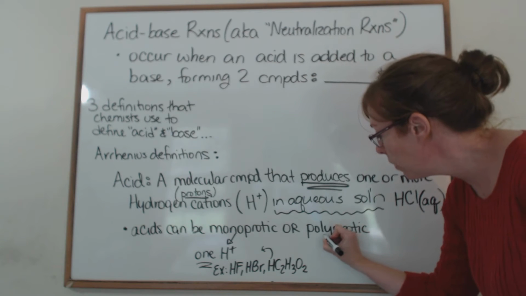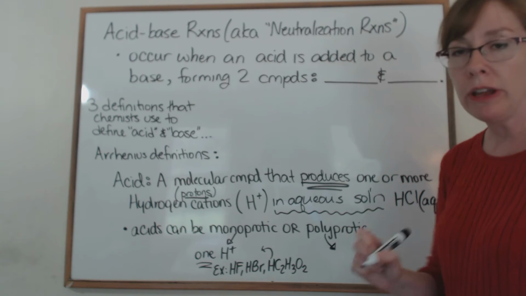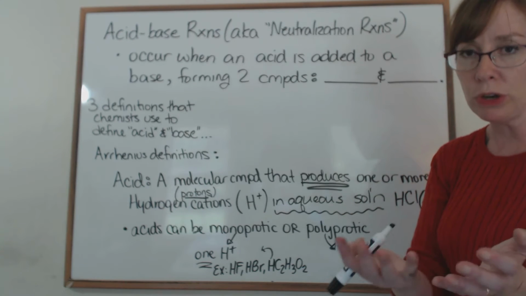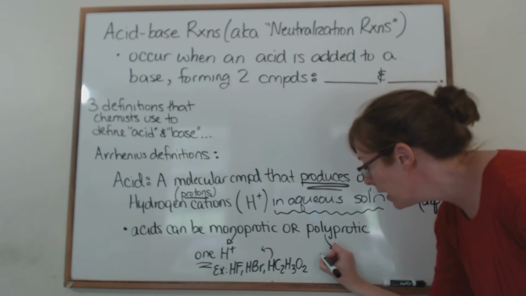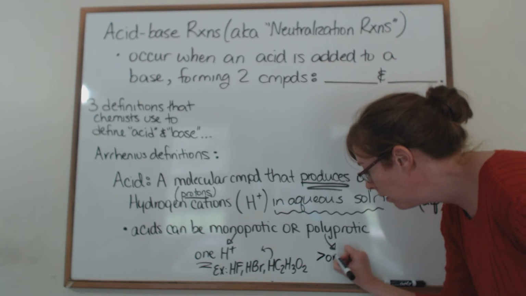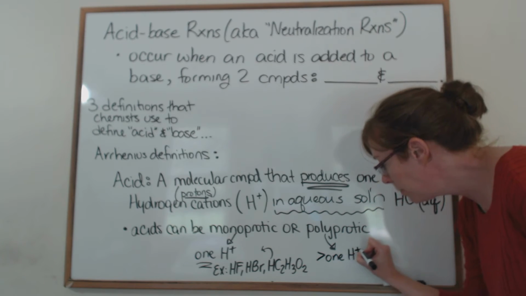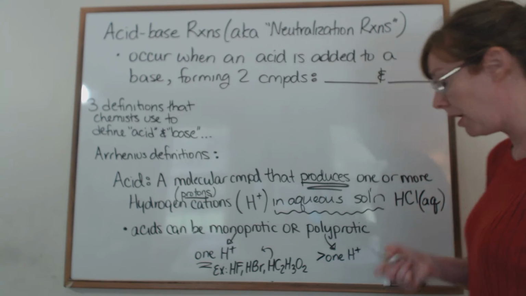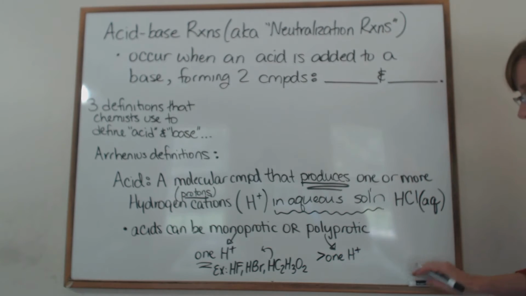Polyprotic just means more than one. Sometimes you'll hear the word diprotic, which would have been two, but polyprotic is a bigger, more general term. Polyprotic acids can release more than one H+ ion. So it's basically acids that have more than one H in them on the front part.